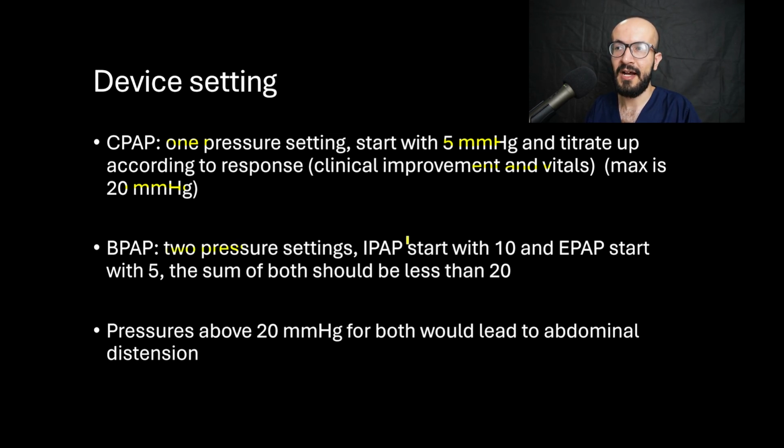We have the IPAP, which starts from 10, and the EPAP, which starts from 5. And the sum of both these pressures should be less than 20. Now pressures in NPPV above 20 millimeters mercury for both would lead to abdominal distension. So the air would go into the stomach and lead to distension. That is why we don't go above 20.